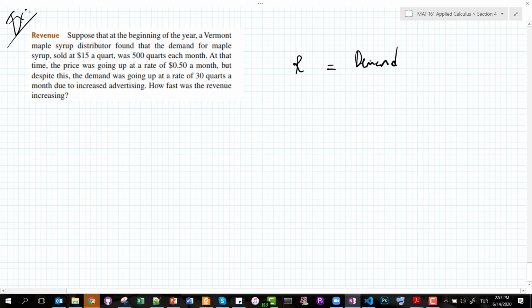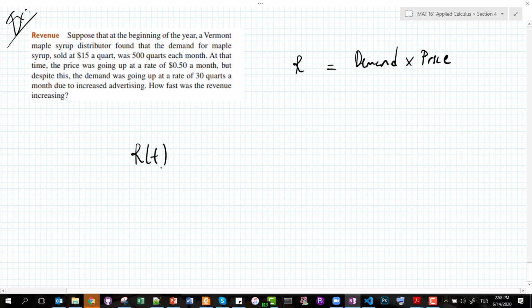If you measure how much demand you have, you can multiply that by the price you sell at and find the revenue. In this case, all these variables are functions of time.